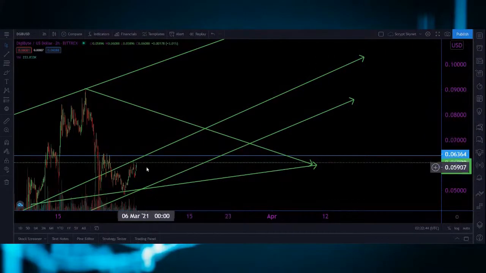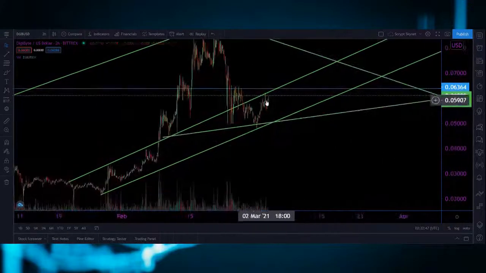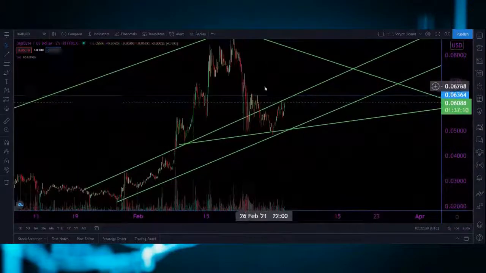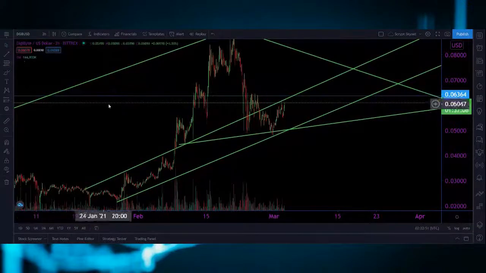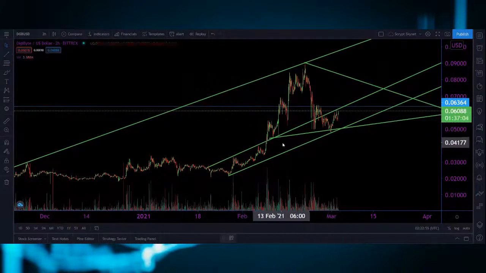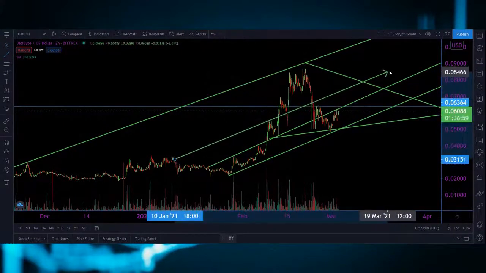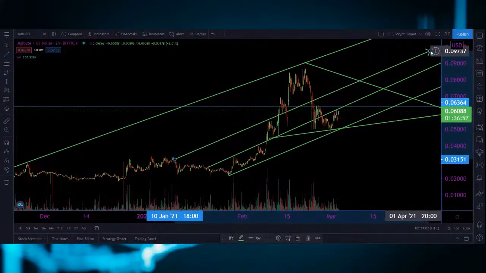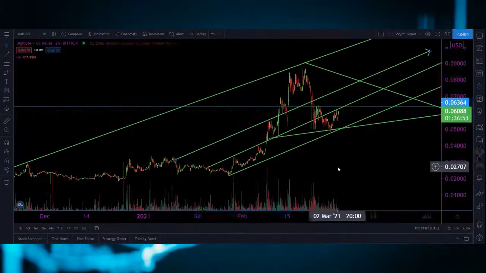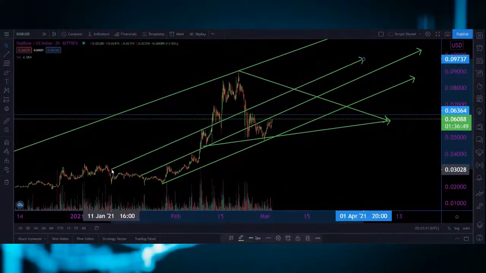Or if we just reach this area right here and break out there, depending on what Bitcoin does. Because we have another one, we have another trend right there too, right? Kind of lopsided.